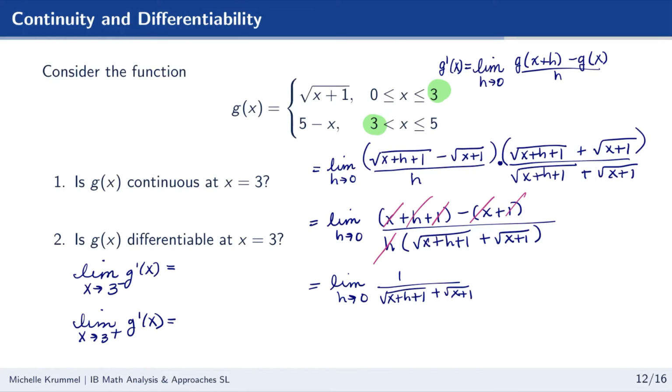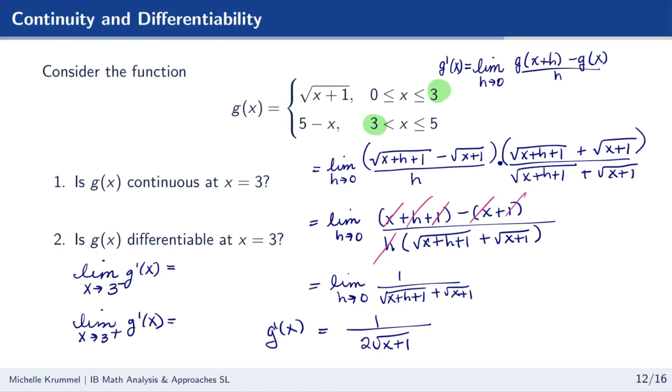Now we substitute 0 in for h, no, sorry, we're letting h equal 0. So we're going to get 1 over the square root of x plus 1 plus the square root of x plus 1. So 2 times the square root of x plus 1. Okay, that is g prime of x for that first subdomain.